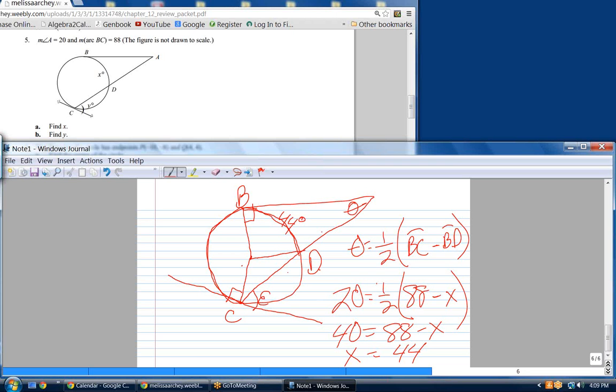Can you see these lines I'm drawing? Yeah. All radiuses are equal, so that's equal to that. Notice that if we can figure out this angle, we'll know epsilon.